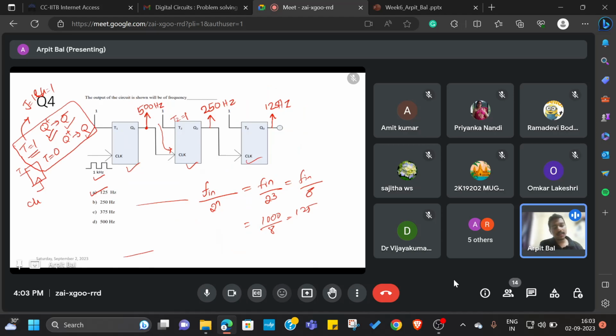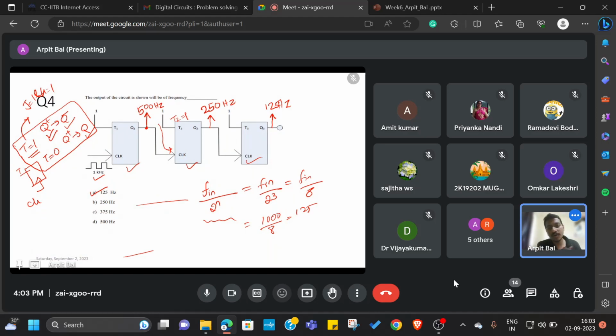Question 4 was actually a follow-up question from question number 1. If you are able to realize that T equal to 1 is the same condition as J equal to 1 and K equal to 1, then this question is a cakewalk, because you have already seen that the formula we arrived at for generalizing the output frequency is f/2^n. We see that there are 3 flip-flops, so we write 2 to the power 3, and we arrive at 125 as the answer.